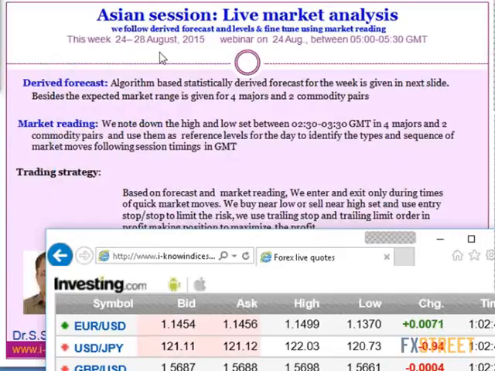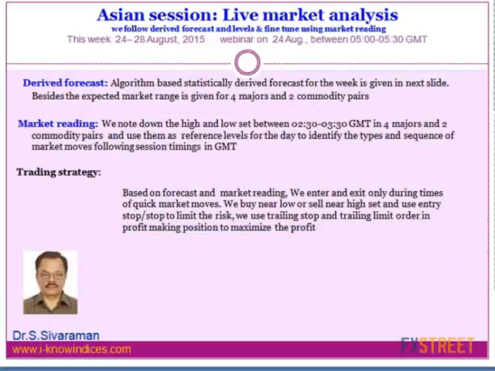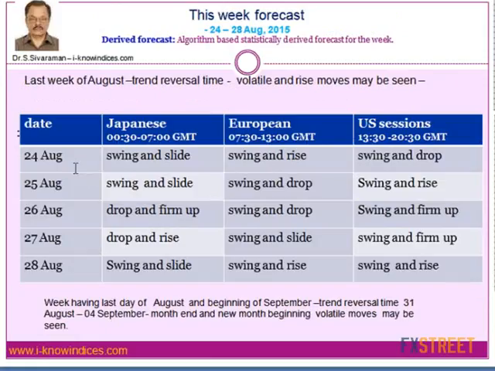This particular week, 24th to 28th, is the last week of the month. Followed by that, we have only 31st of August, that is next Monday, followed by the first week of September. So they are expected to make the trend reversal move during this week as well as the next week.